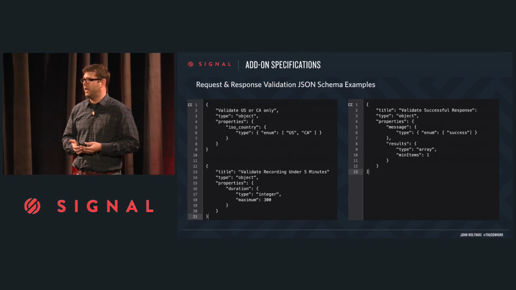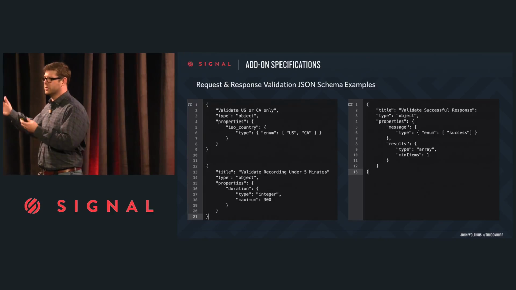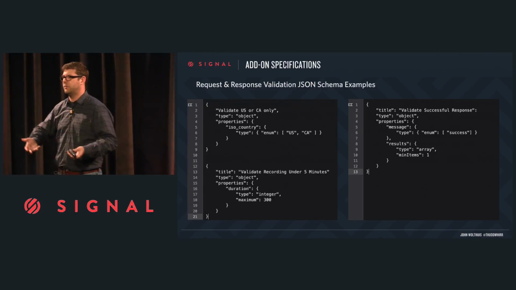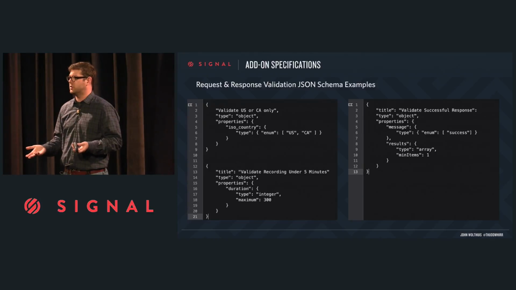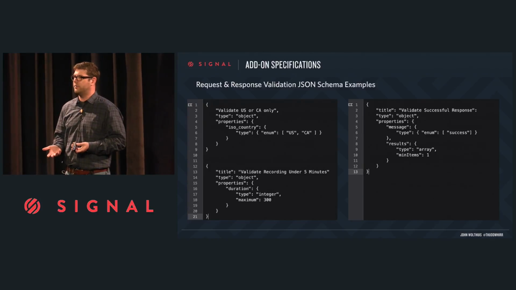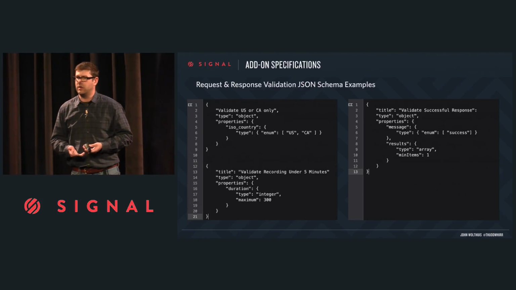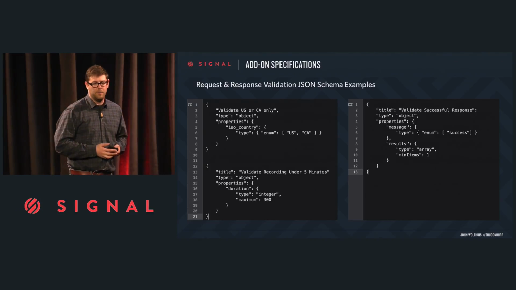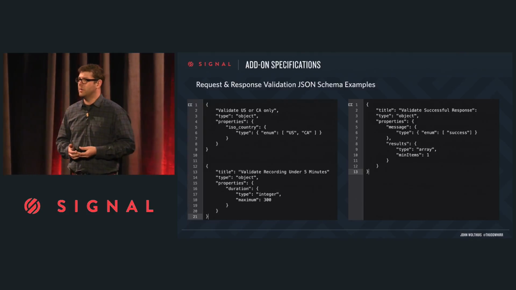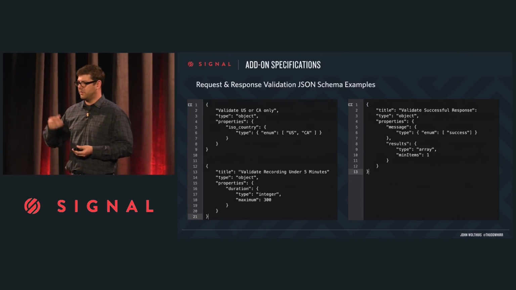Many of the providers that we have today only support US or Canadian phone numbers, so they don't want us to take a French or Somali or Australian phone number and pass it off to them, because they know it's never going to return a valid result, and they don't want to give people a bad experience. They'd rather just have you skip over their add-on if an invalid request is made. In the cases where they want extra metadata, you want to make sure that you're validating that it's there before you send the query off, and that's what these request validation pieces are.